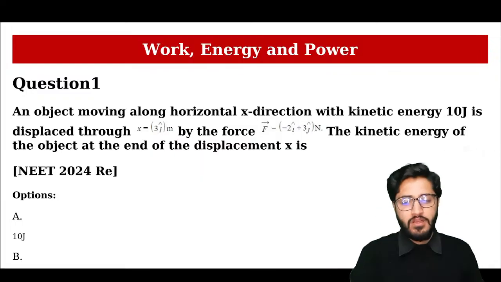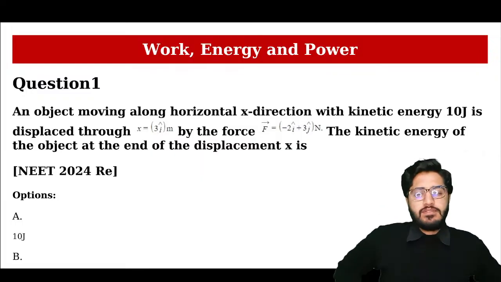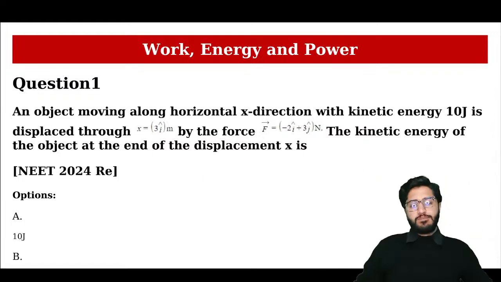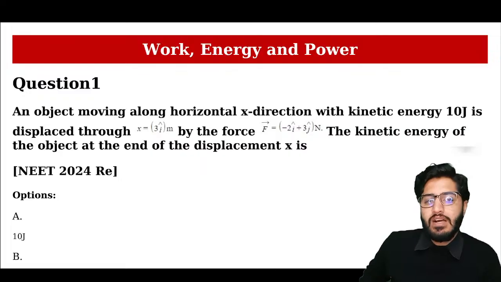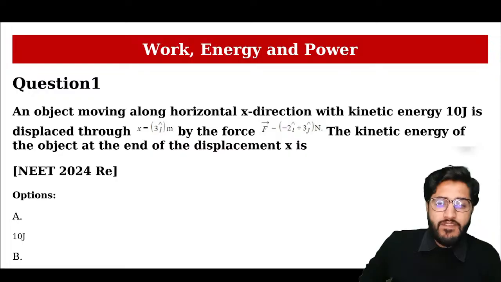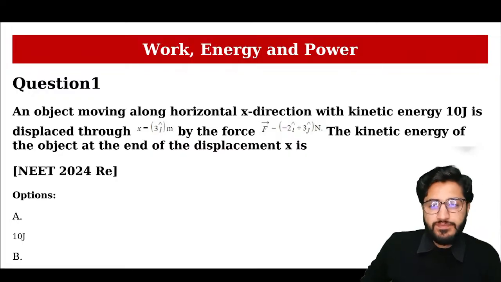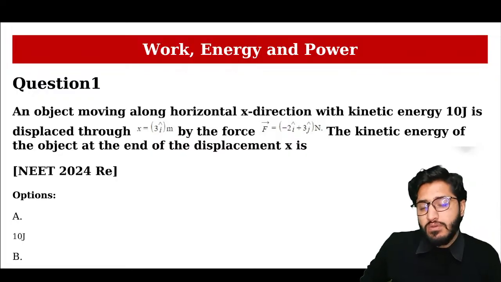So let's start the first numerical from work, energy, and power. An object moving along a horizontal x direction with kinetic energy 10 joule is displaced through 3i meter.